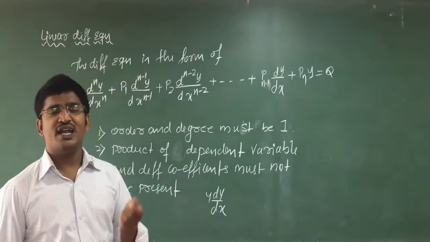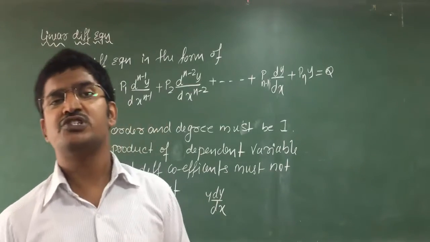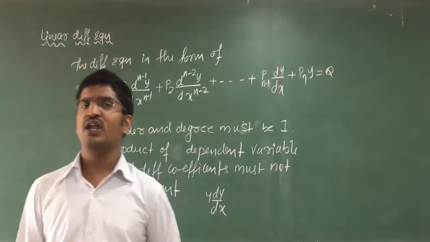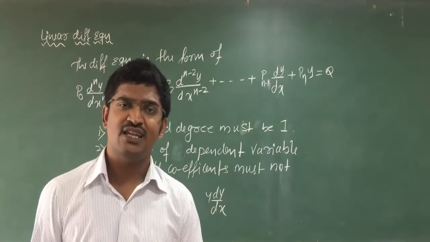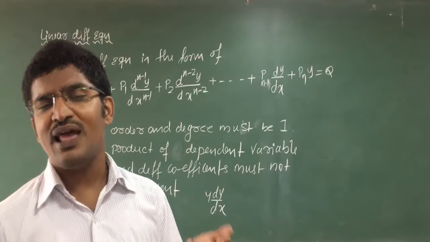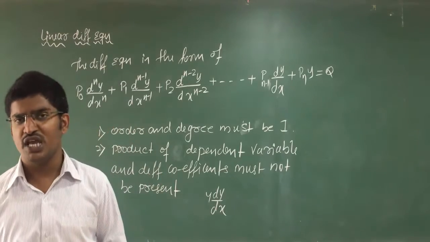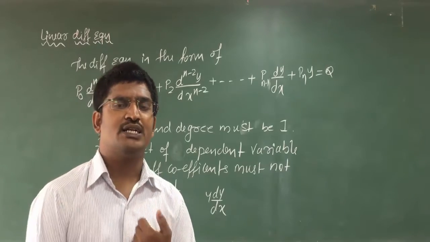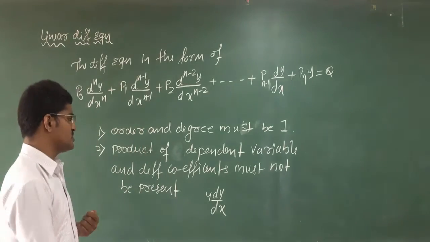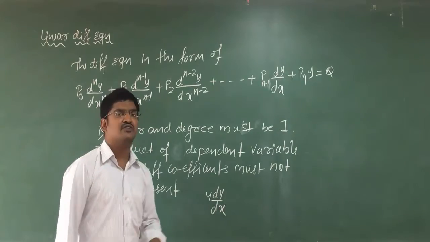First thing, order and degree must be 1 for the linear differential equation. If order and degree is not 1, it is called a non-linear differential equation. Second thing, the dependent variable and the differential coefficient of the dependent variable must not be in the form of a product in the given differential equation. See, this is not a linear differential equation.